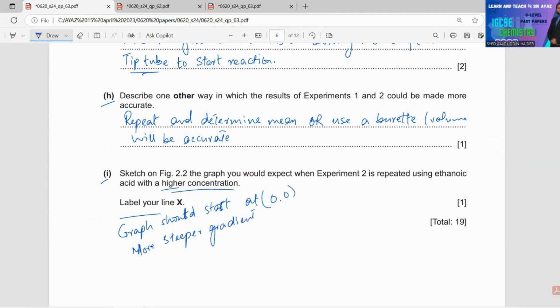Last but not least, it does not level off or end on the same horizontal line. So keep these 3 points in your mind when you are drawing the graph for this part.